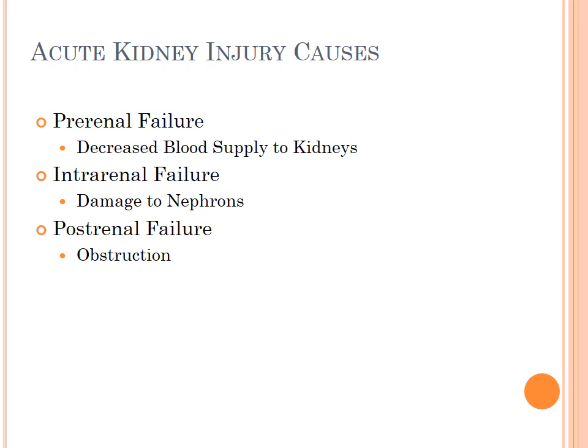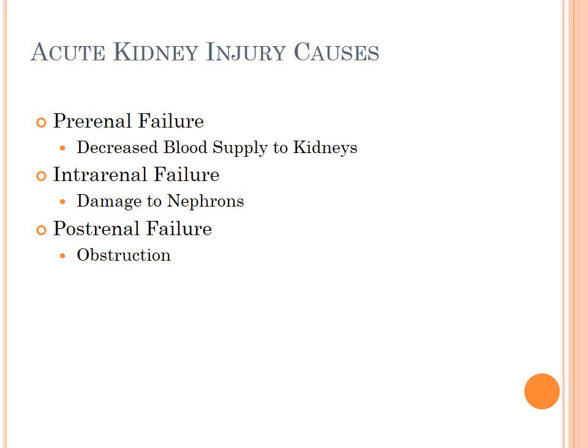So evaluating possible causes: if it's dehydration, give IV fluids. If it's a block in blood flow to the kidneys, say the renal arteries, they may put a stent in to increase blood flow. Get the picture here. Intrarenal failure is when there is damage to the kidney itself, to the nephrons.